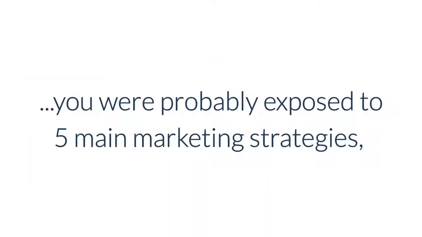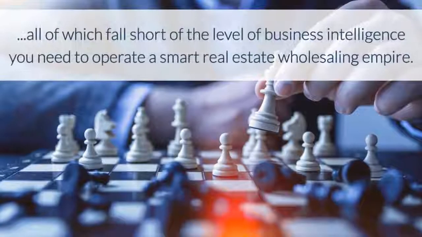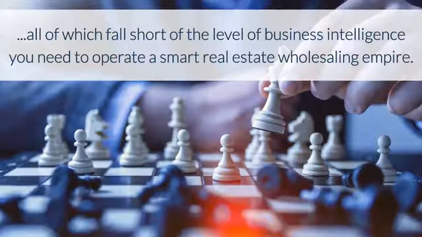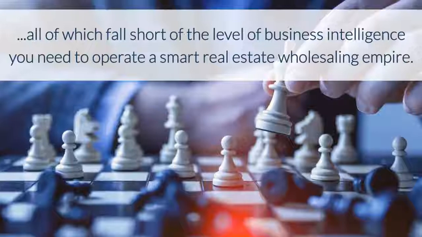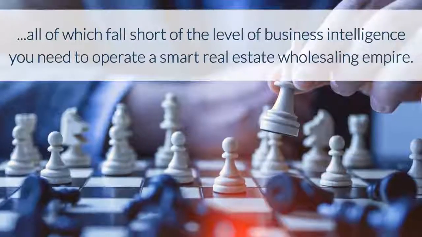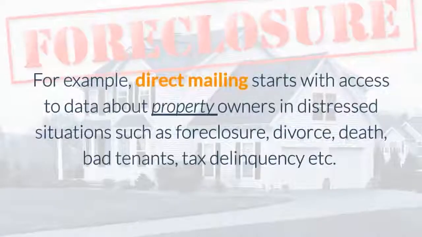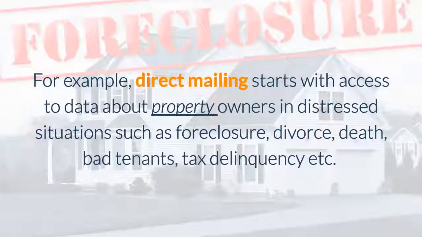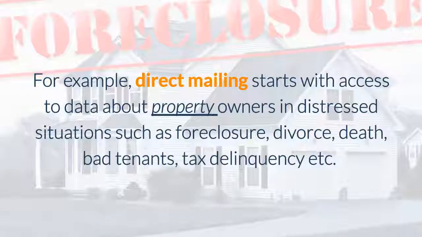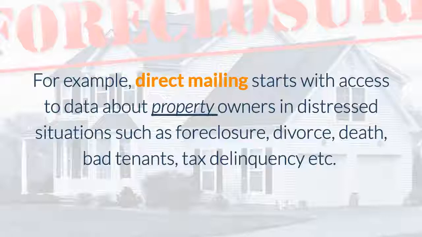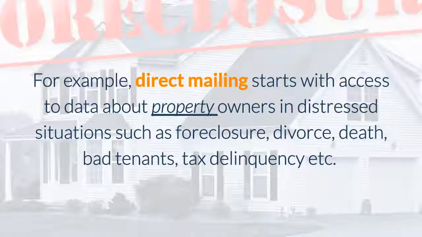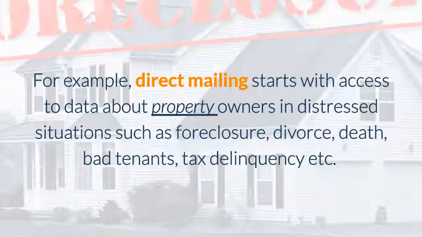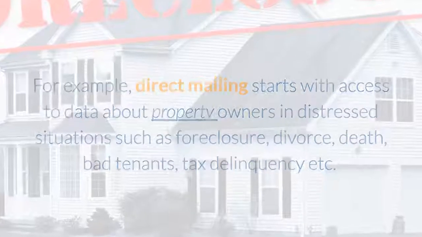Before this publication, you were probably exposed to 5 main marketing strategies, all of which fall short of the level of business intelligence you need to operate a smart real estate wholesaling empire. For example, direct mailing starts with access to data about property owners in distress situations such as foreclosure, divorce, death, bad tenants, tax delinquency.